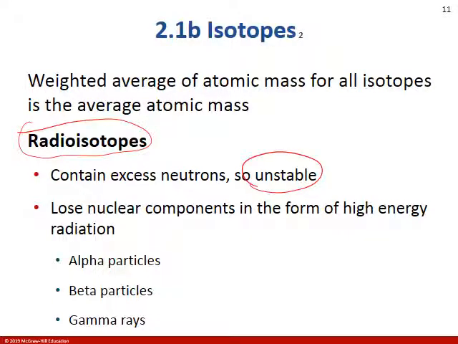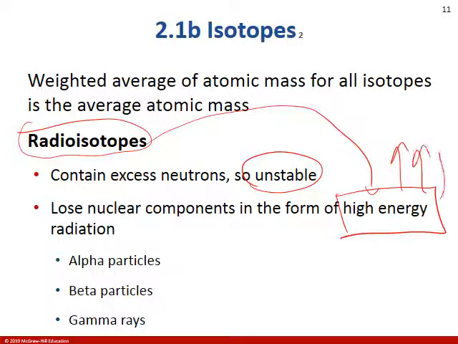It wants to break down to its normal stable element. So we give you a radioisotope, and they release high levels of energy, and we can capture this energy and we can see the organ or the cells within the organ. So this is how we do radio labeling imagery.